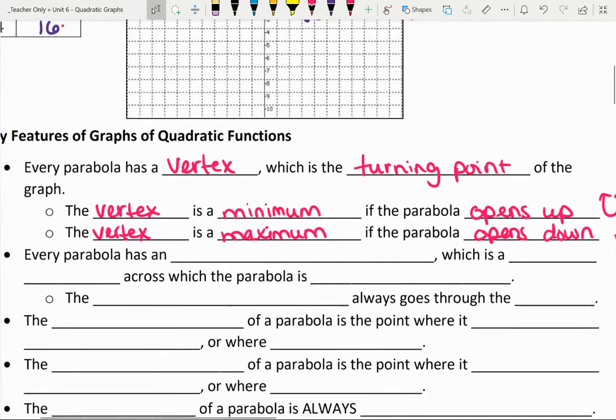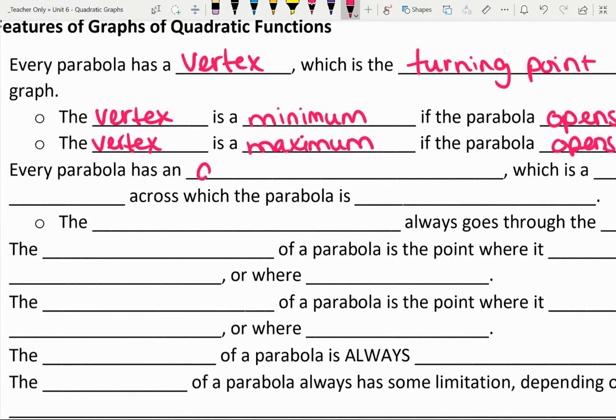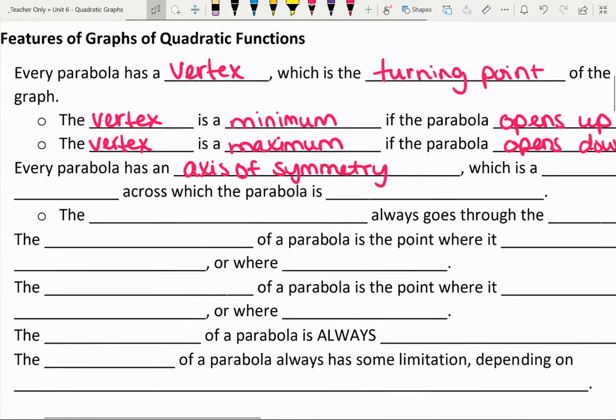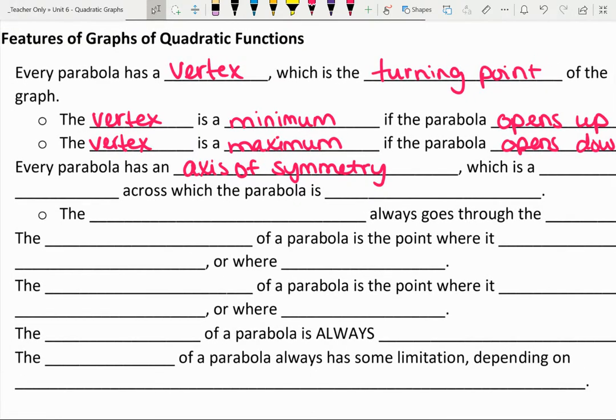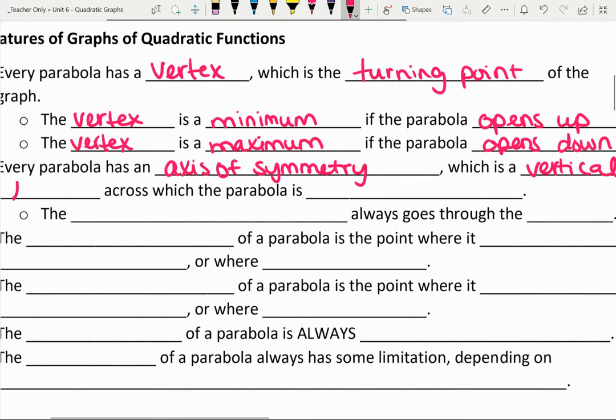Now, besides a vertex, every single parabola also has something called an axis of symmetry. If you remember what symmetry means, it's kind of like a mirror image. Axis is a kind of line. So the axis of symmetry is a vertical line across which the parabola is symmetric.